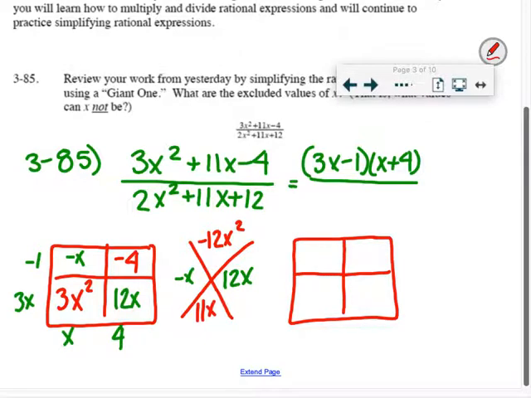So I'm going to take 2x squared, 12, 11x, multiplying up, 24x squared. What multiplies to 24x squared and adds to 11?